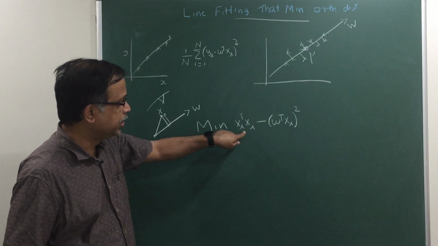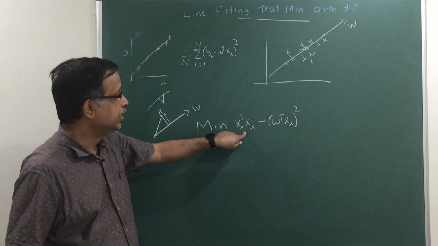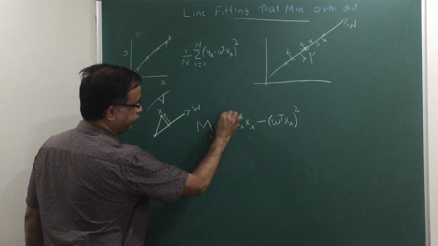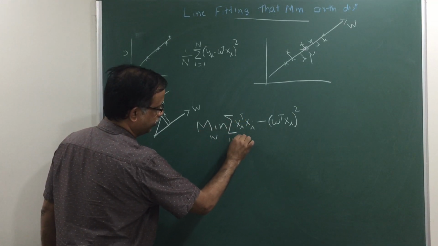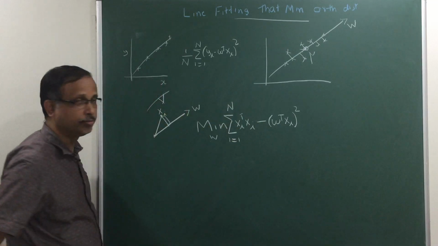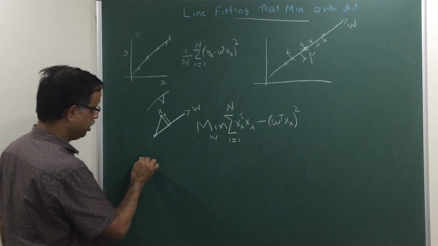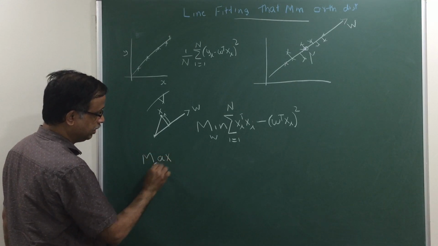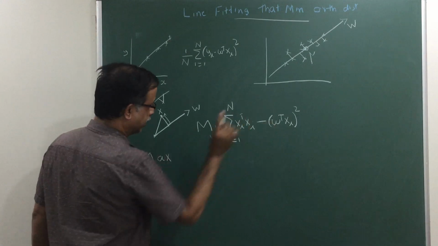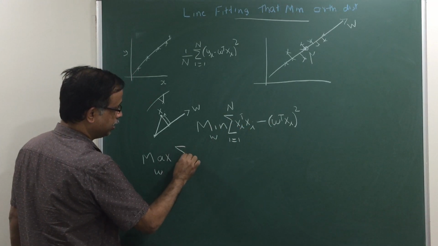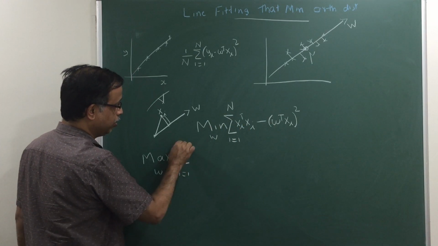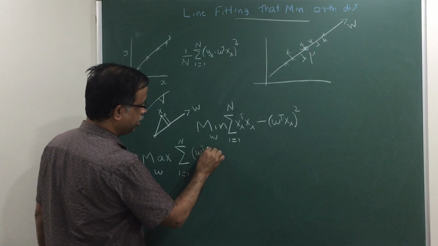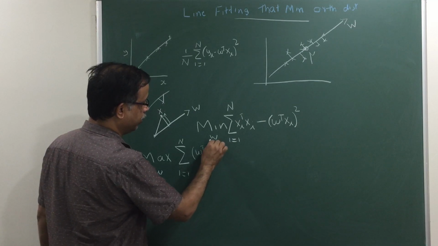And this term is independent of w. Indeed we need to sum it over i equal to 1 to n. So this problem now gets converted to maximization over w of the second term, that is, sum over i equal to 1 to n of w transpose xi whole square.